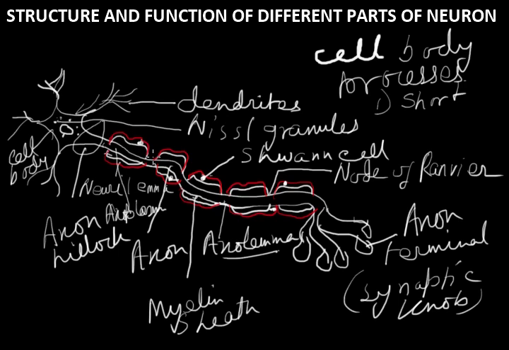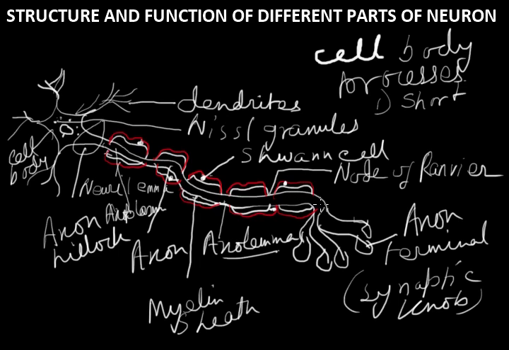So there exist some uninsulated portions in between, along the length of the axon, and this uninsulated portion is known as the node of Ranvier. Through this uninsulated portion, the exchange or movement of ions takes place. Electrochemical impulses pass through this region.